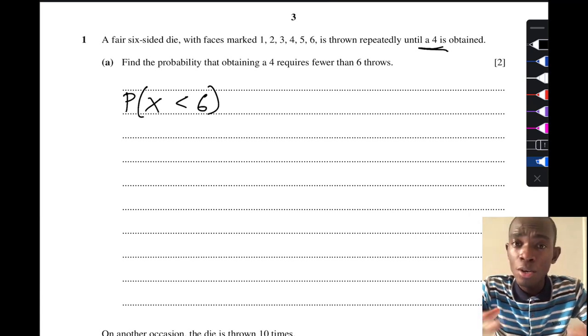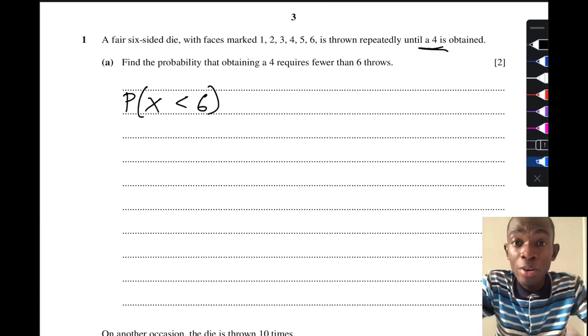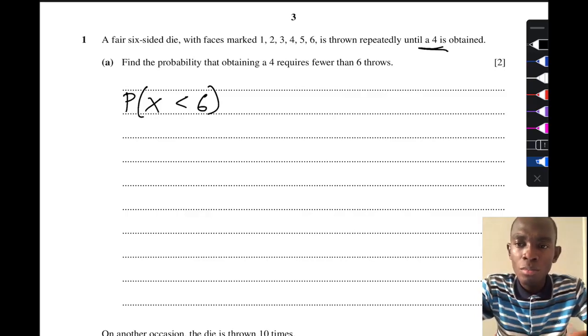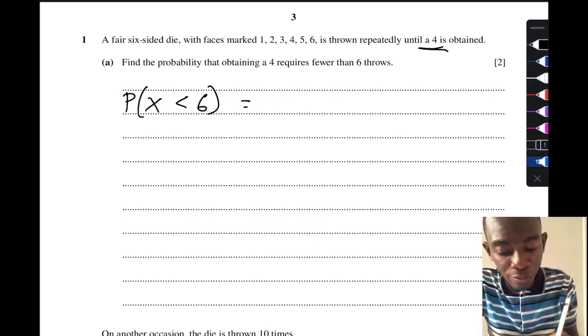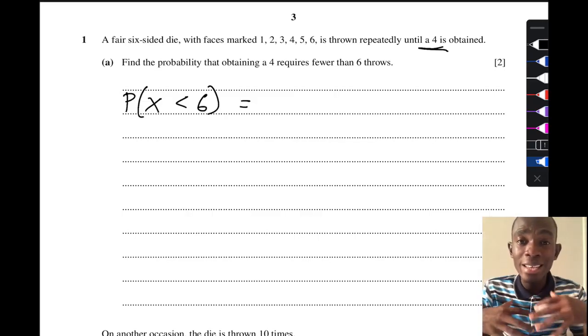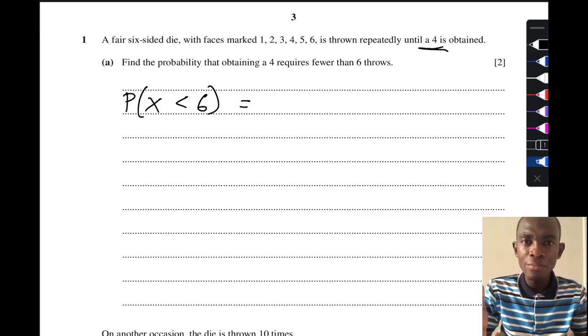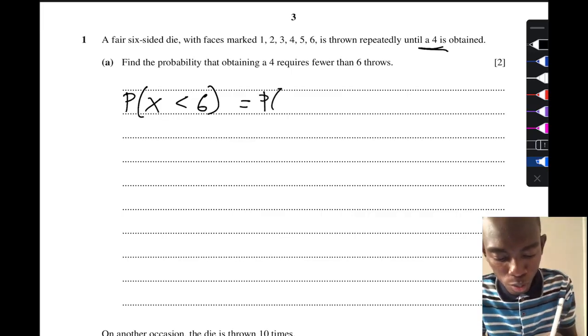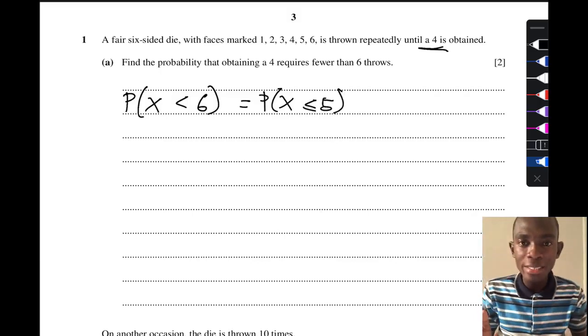We don't know exactly when we got a 4, so we use reverse thinking. If it is less than 6, then 6 is not included, so it's from the beginning up to 5. So let's do the probability of x is less than or equal to 5. Now this makes more sense for us.